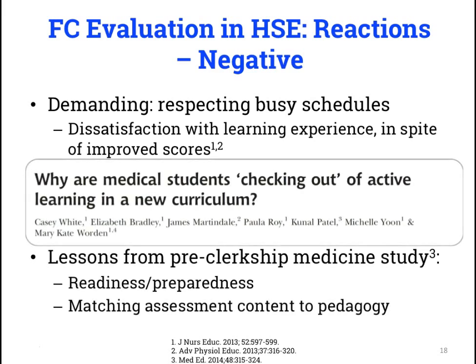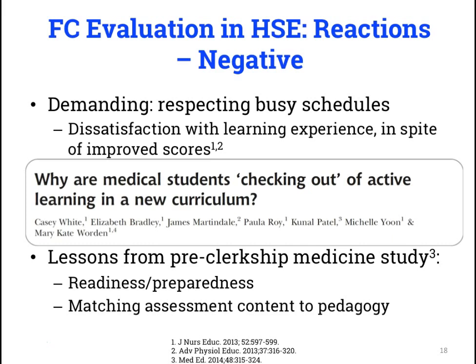And then I really think it's useful looking at this case study as, again, sort of a negative example of reactions, because it also probably resulted in a lot of ways. I mean, nobody studied learning outcomes, but the suggestion was that it had a negative impact on the students and the faculty involved. So basically, in a pre-clerkship medical study, they had implemented flipped classroom sort of in a widespread nature.